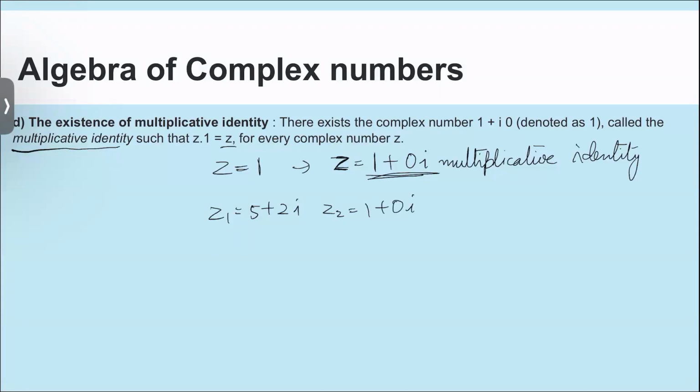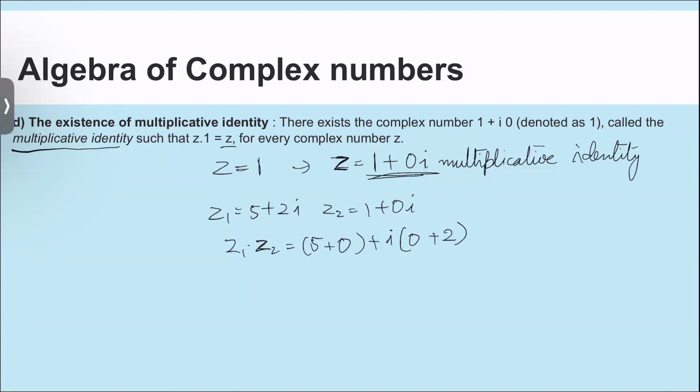So if you multiply these two together, if you write it in the same form, z1 z2 is equal to AC minus BD plus i(AD plus BC). Over here AC is 5 and BD will be 0. Then plus i, you have AD, so this is 0 again, and you have plus BC, so this is again 2.